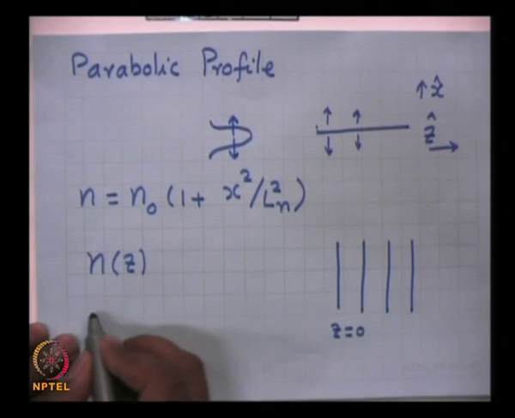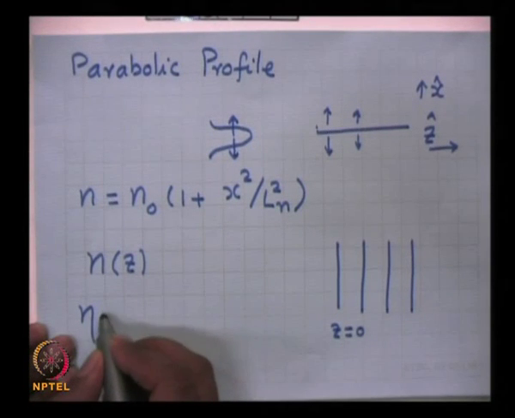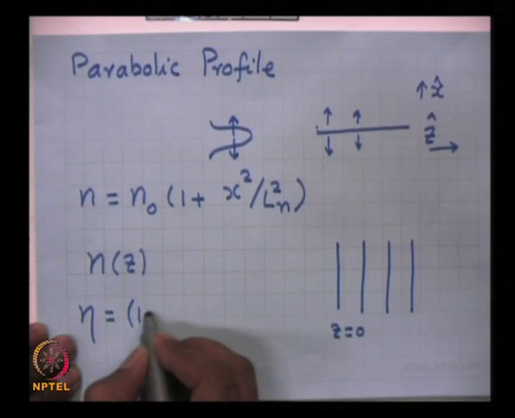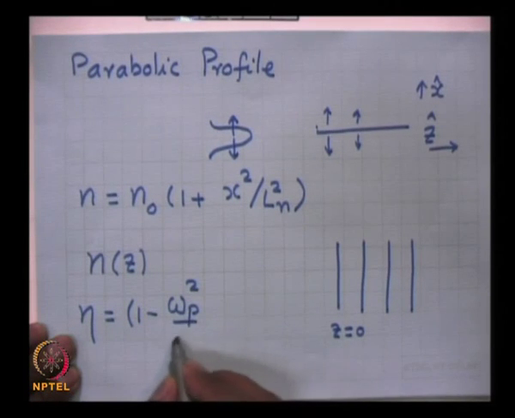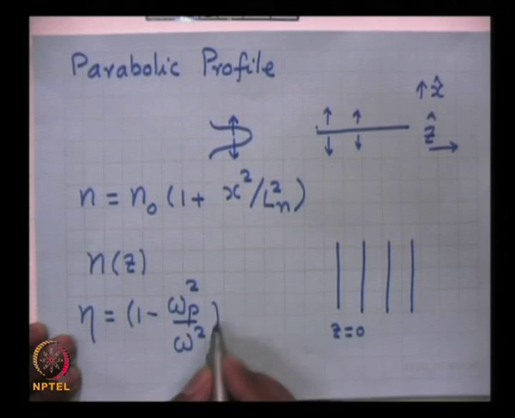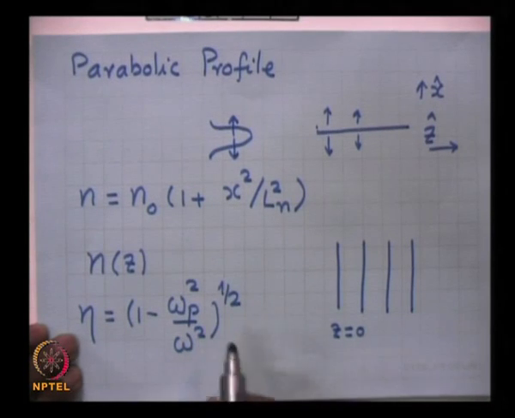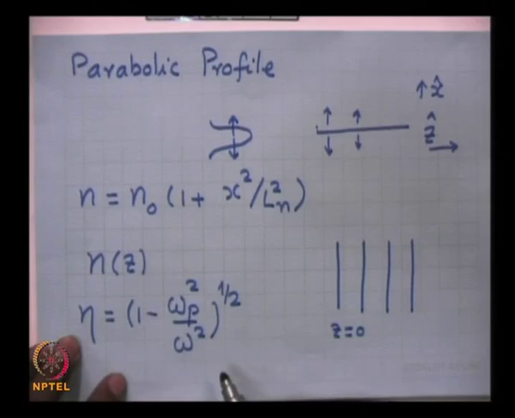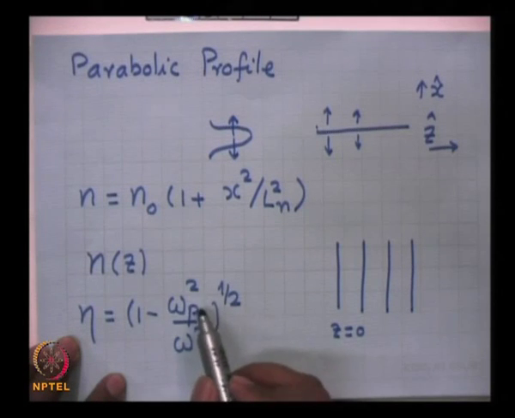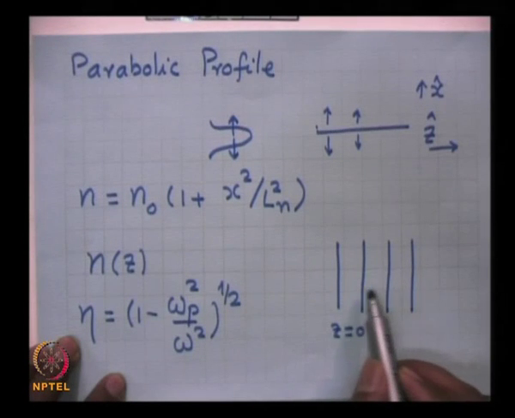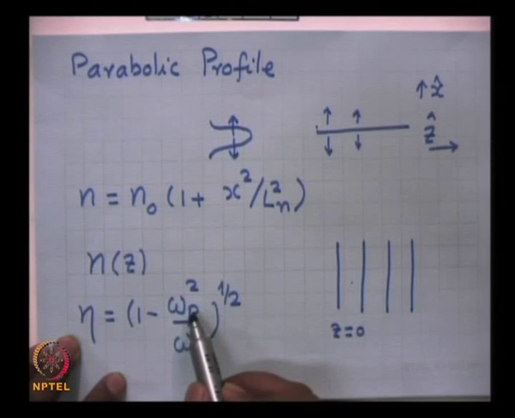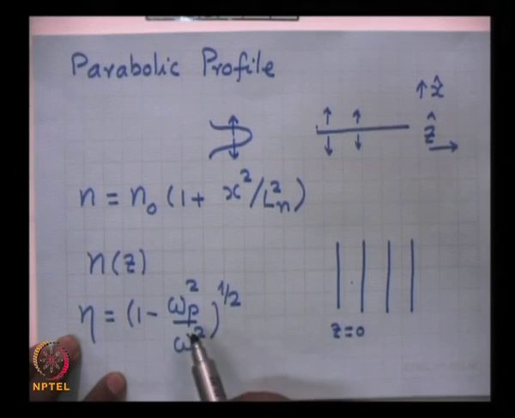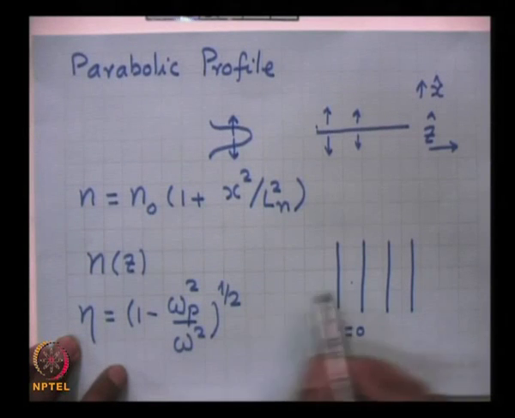You know the refractive index of a plasma is eta, which is (1 minus omega p square upon omega square) to the power half. Omega p depends on electron density. So, when density changes from place to place, omega p also increases as z increases. As a result, eta decreases.